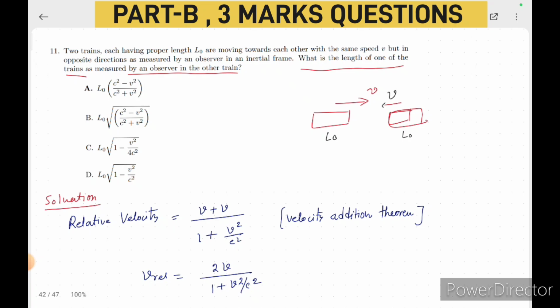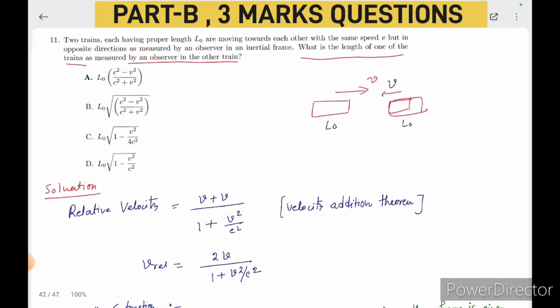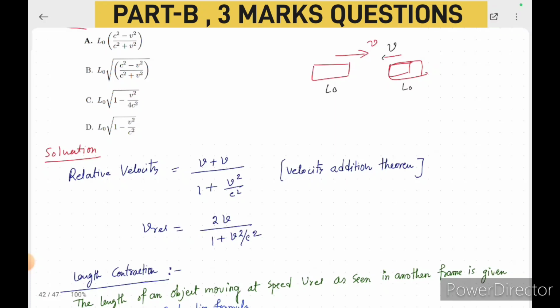To calculate the length of one train as measured by the observer sitting in the other train, first of all we calculate the relative velocity between these two trains, or between these two frames. Two frames are moving relative to each other. So what is the relative velocity?